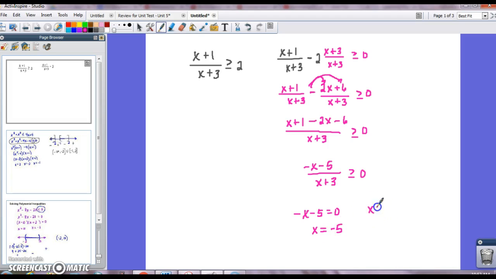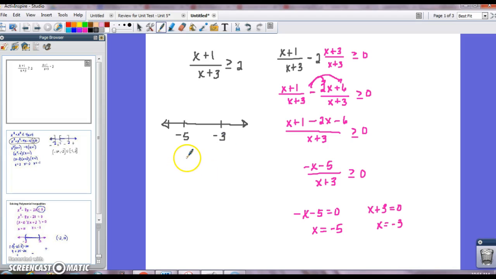And if I have x plus 3 is equal to 0, I end up with x is equal to negative 3. So those are going to be my two boundaries. So here's my number line. Here's negative 5. Here's negative 3.